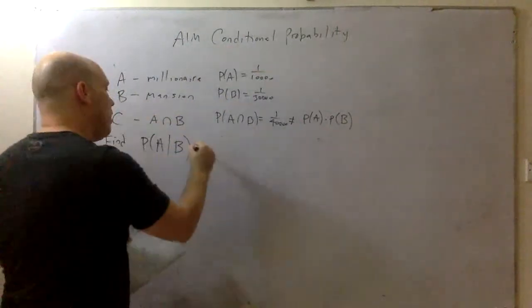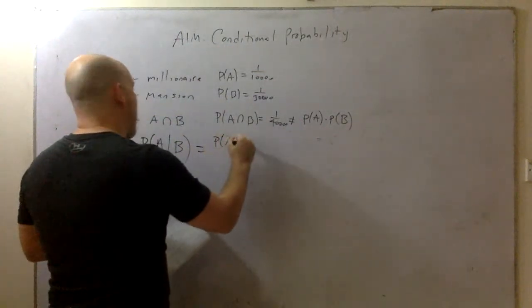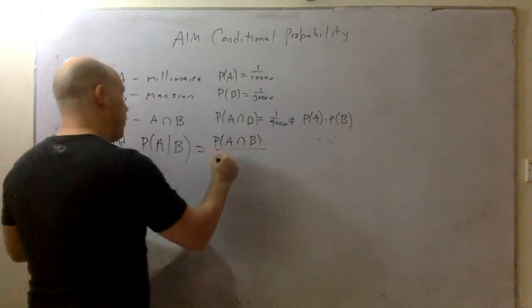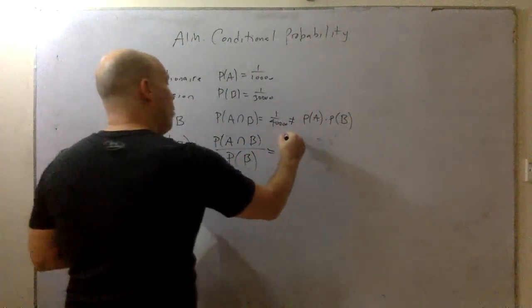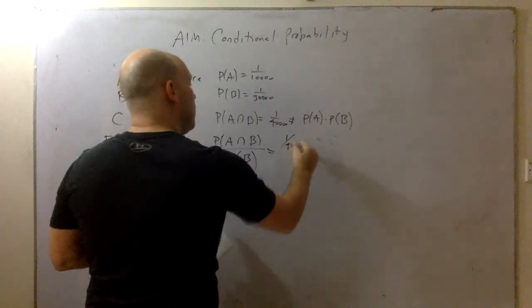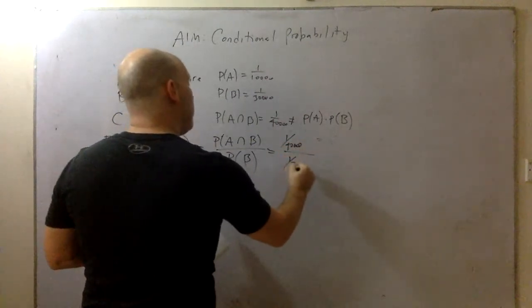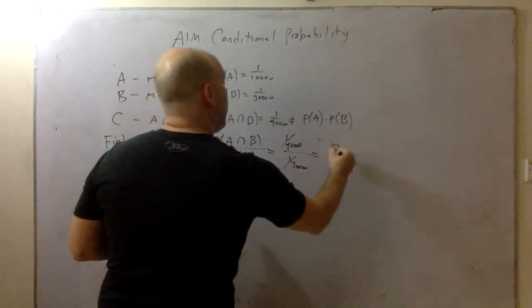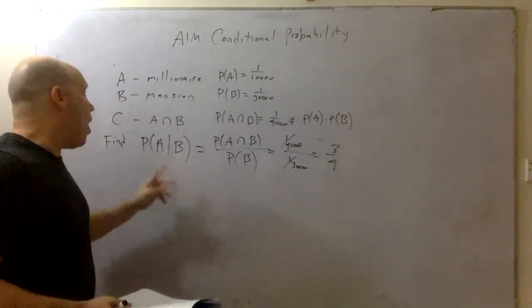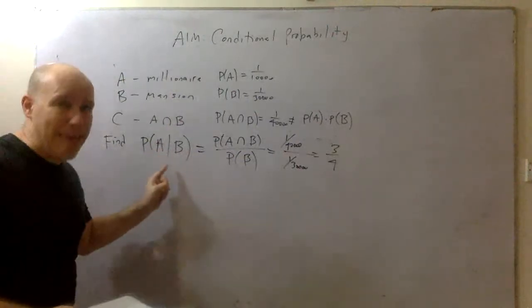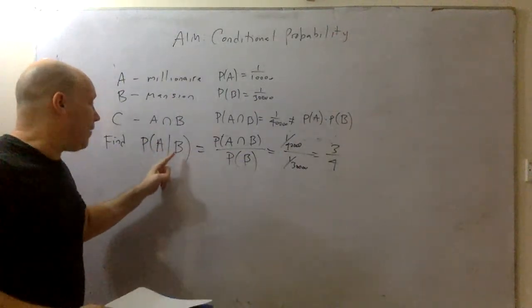This is strict formula, the probability of A and B over the probability of what I know is 100%. We have 1 over 40,000 divided by 1 over 30,000, and we end up with 3 over 4, or a 75% chance that a person is a millionaire given that they live in a mansion.